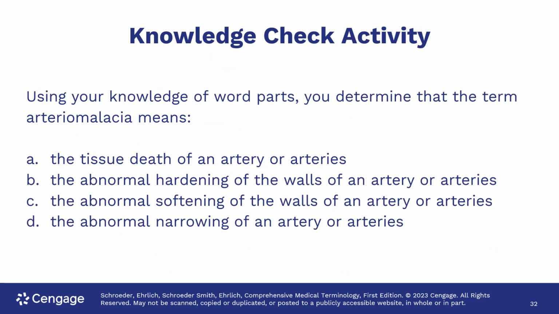So, using your knowledge of word parts, you determine that the term arteriomalacia means tissue death of an artery or arteries, the abnormal hardening of the walls, the abnormal softening of the walls, or abnormal narrowing of the arteries.